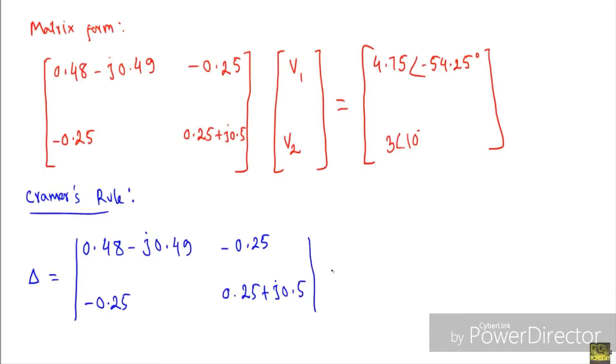The determinant of this matrix will be equal to 0.324 with phase angle equal to 21.23 degree.